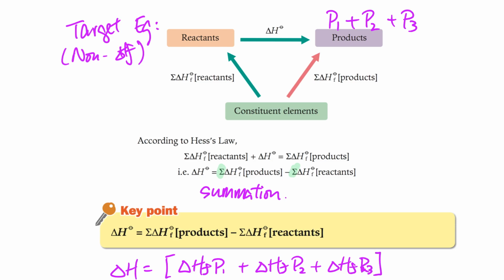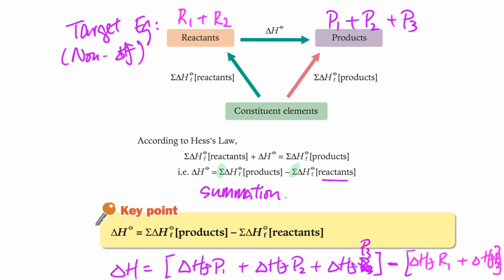And then you will minus the summation of the reactants. Say, for example, this time we have reactant 1 plus reactant 2. Then we'll have formation of reactant 1 plus formation of reactant 2. So this is how we use these equations.